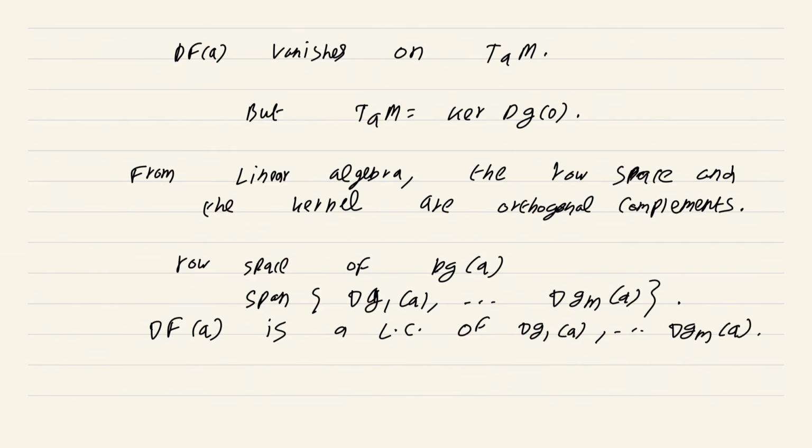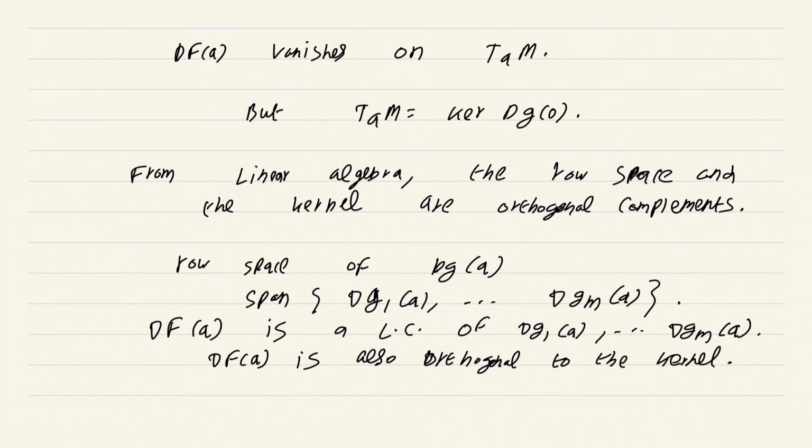Right? So since the row space and the kernel are orthogonal complements, and the gradient of f at A is also orthogonal to the kernel, that's what we just established.